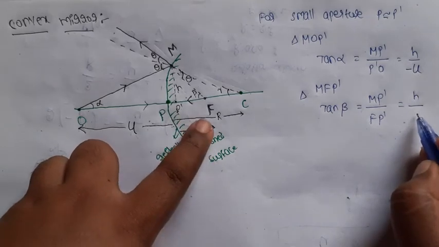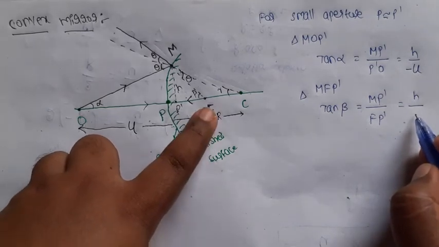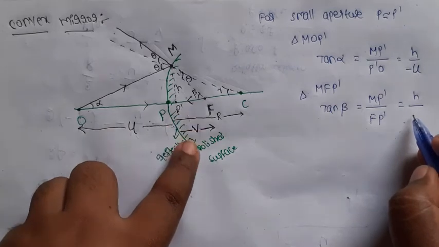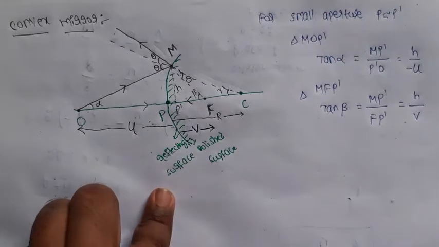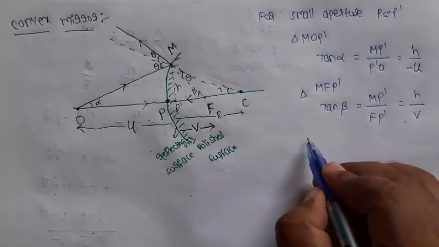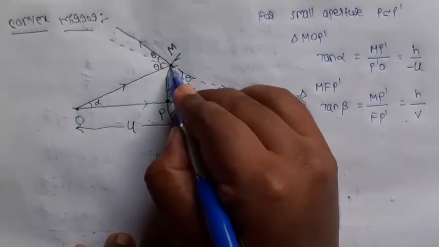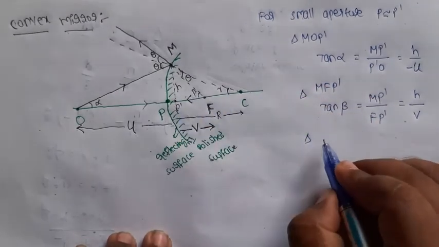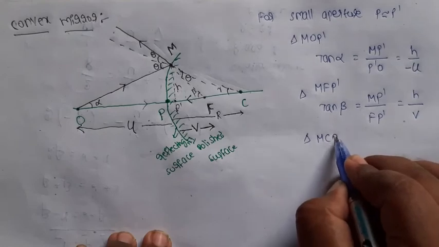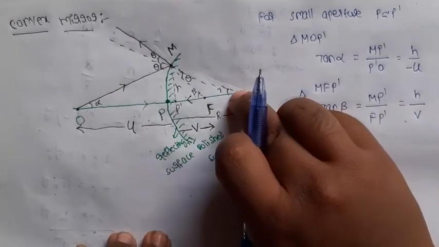F to P dash distance is v, the image distance.